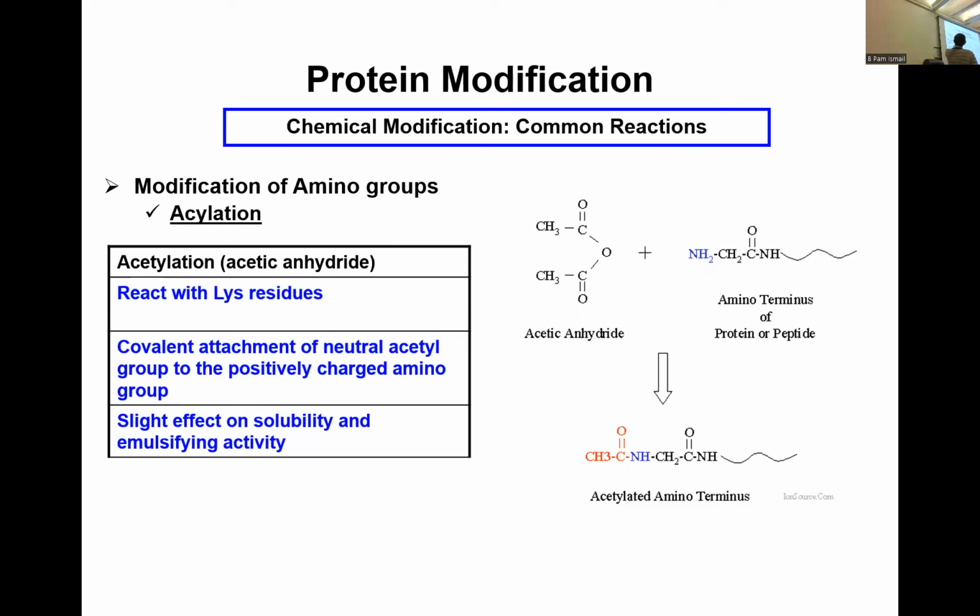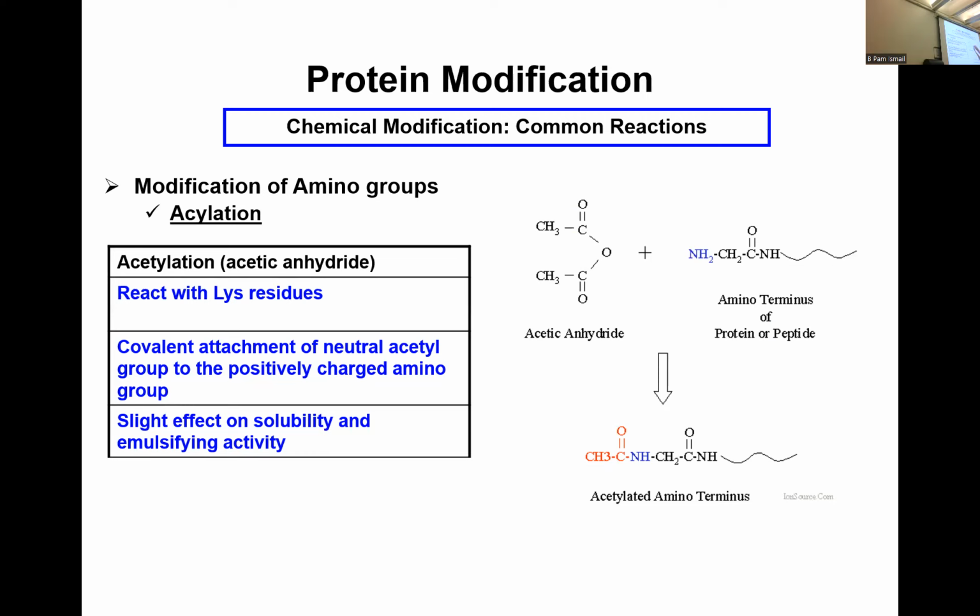So there is a category called acylation. Under acylation, we have acetylation, so we add acetic anhydride. This is what I meant by adding a chemical. This chemical is going to react with the amine group of lysine. The amine group of lysine under neutral conditions is going to be +1.